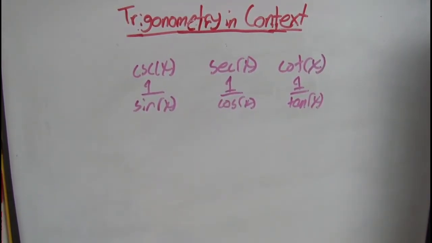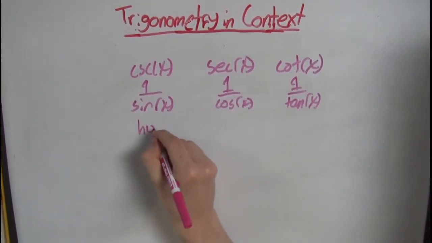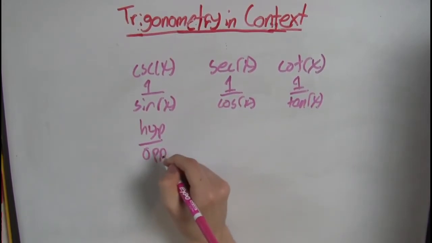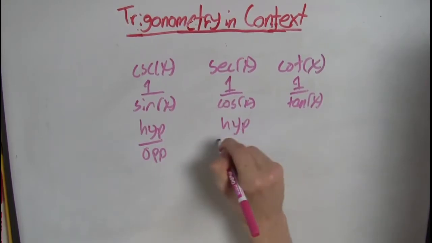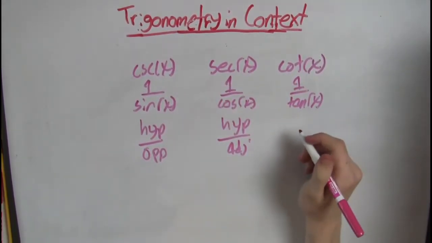If we were to rewrite this in triangle form, we know the sine is opposite over hypotenuse, and so on and so forth. We would say the cosecant is the hypotenuse over the length of the side opposite the angle. The secant is hypotenuse over the length of the side adjacent to the angle x.